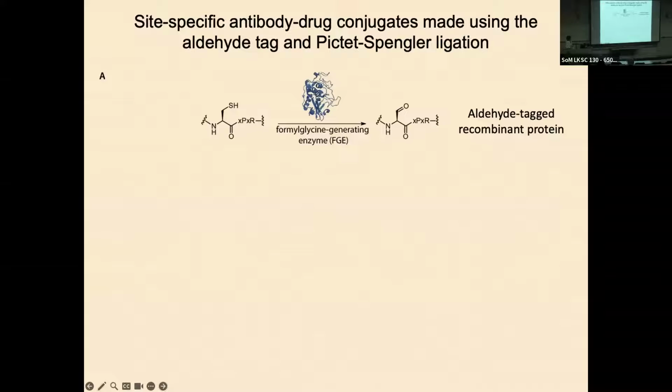So there's an enzyme called formyl glycine generating enzyme, FGE, which naturally does a post-translational modification of cysteine, converting that side chain to an aldehyde group called formyl glycine. This enzyme is in our bodies, it's in all of our cells, it's in the endoplasmic reticulum, it has a natural function, but it'll recognize a short 5 amino acid motif that you can clone into any protein of interest, we discovered.